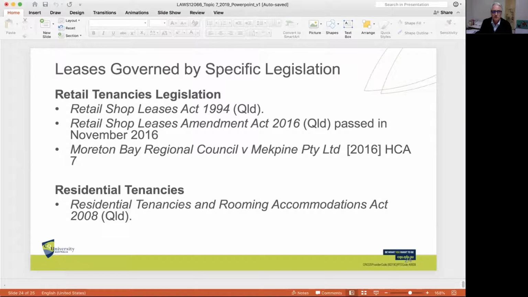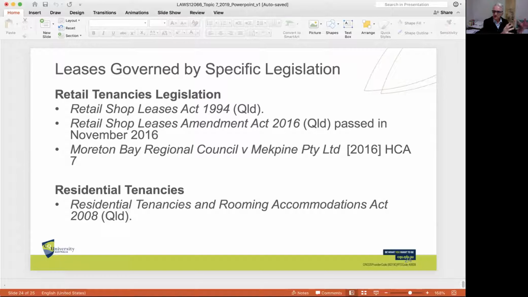So we've got the Retail Shop Leases Act 1994, which was amended in 2016, and then we've also got the Moreton Bay and Meek Pine decision in 2016, looking at some of this situation. So again, just have an awareness of that.